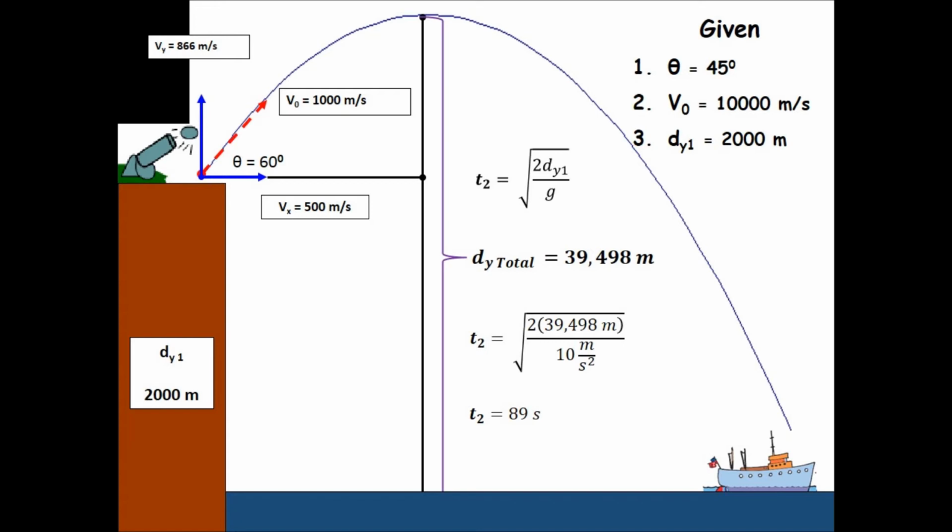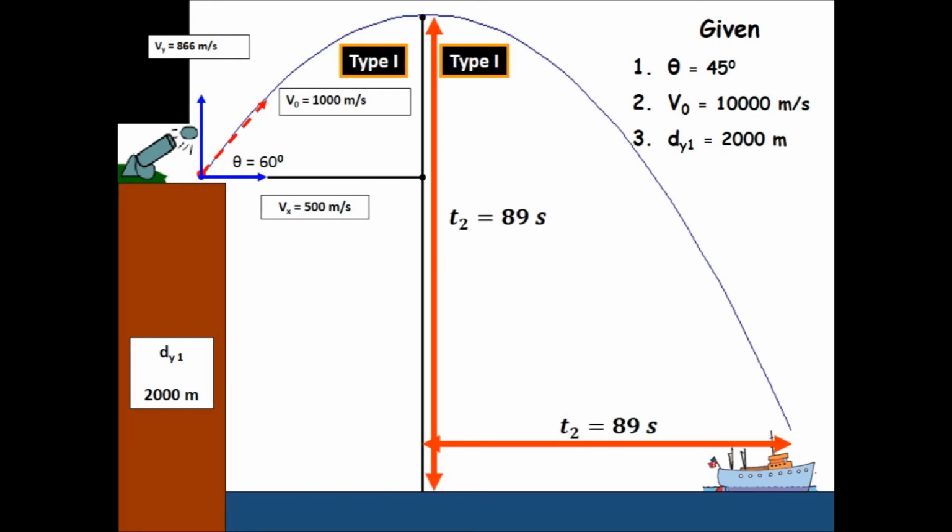Now, how much time is it going to take for it to go from 39,498 down to the water? If it fell from rest, it would be 89 seconds total. So 89 seconds is the T2 time.